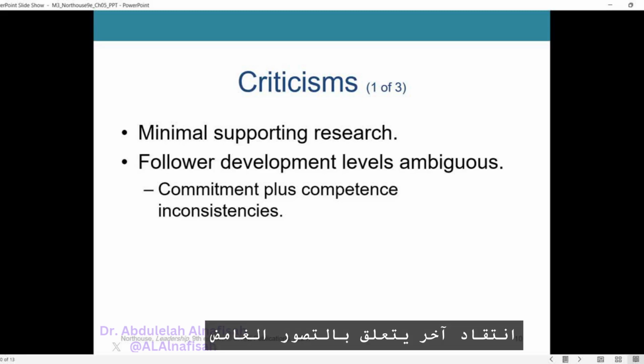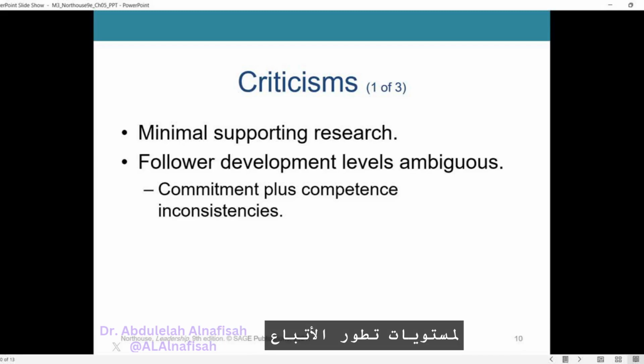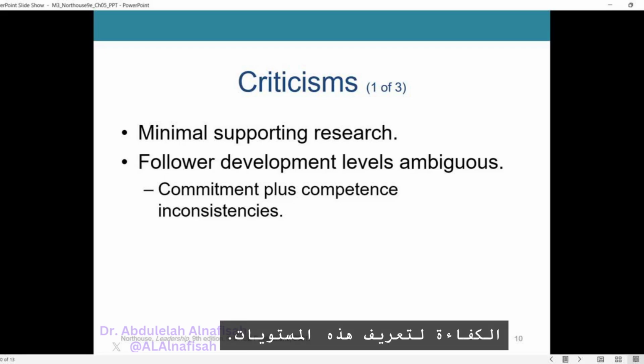Another criticism involves the ambiguous conceptualization of followers' development levels within the model, particularly how commitment is combined with competence to define these levels. The lack of clear theoretical basis for these changes and the weighting of competence and commitment across different levels raises concerns about the model's clarity and consistency.